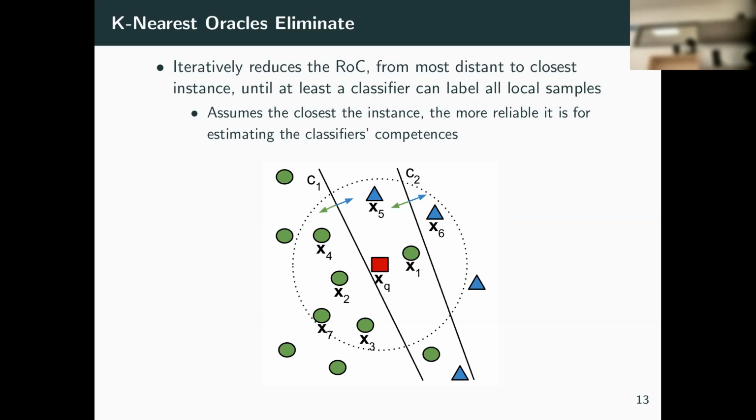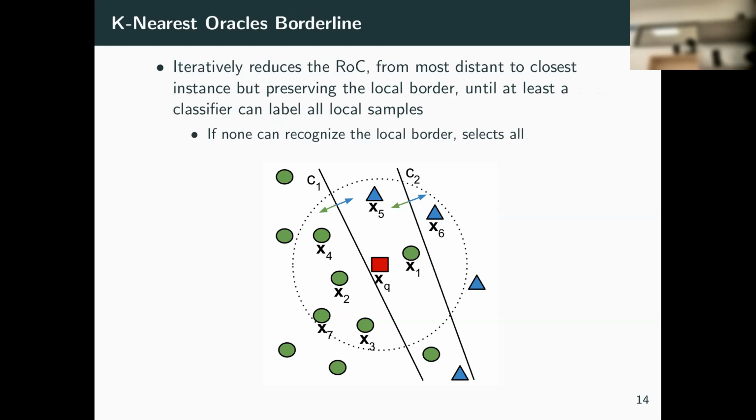A few other techniques were based on the KNORA-E, like the K-nearest oracle borderline. In this case, it also assumes that the closer the sample, the more relevant it is to estimate the competence. But in this case, it gives a lot of importance to the local border. The local border in this situation would be the closest samples from different classes.